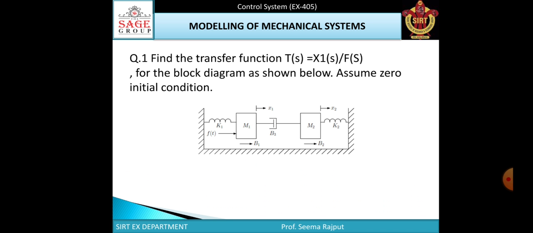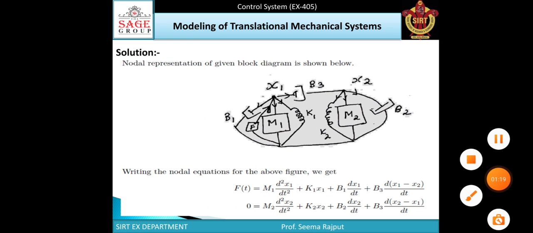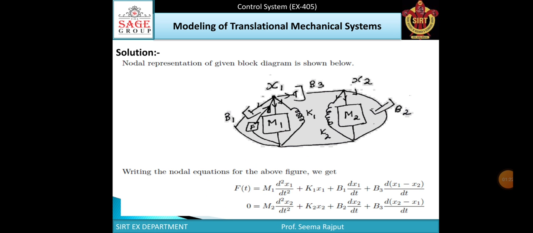Here there are two displacements, so we have to put the displacements here. We use two displacements x1 and x2, and we have one force, two masses, two springs and three dampers. Damper B3 is connected in between the x1 and x2 displacements, and there are two separate dampers for x1 and x2.